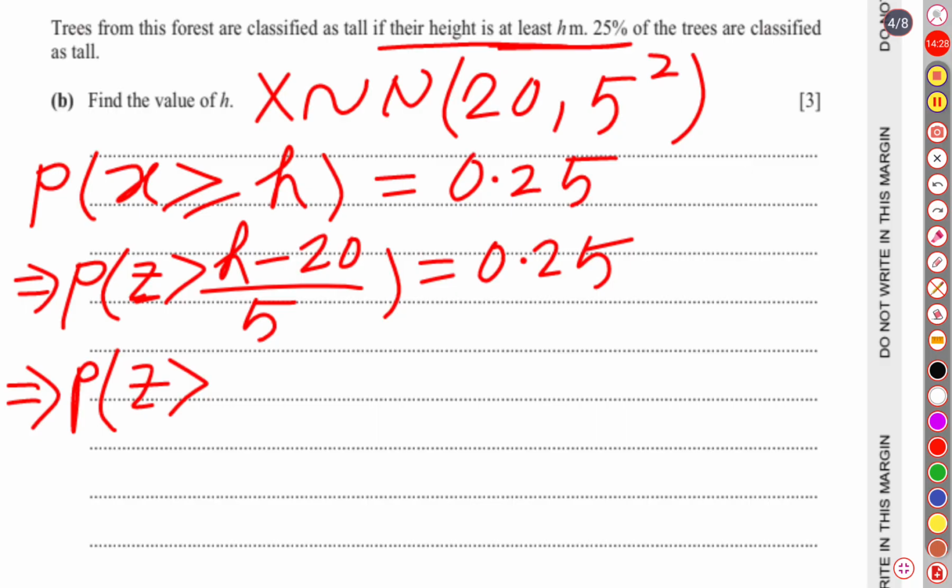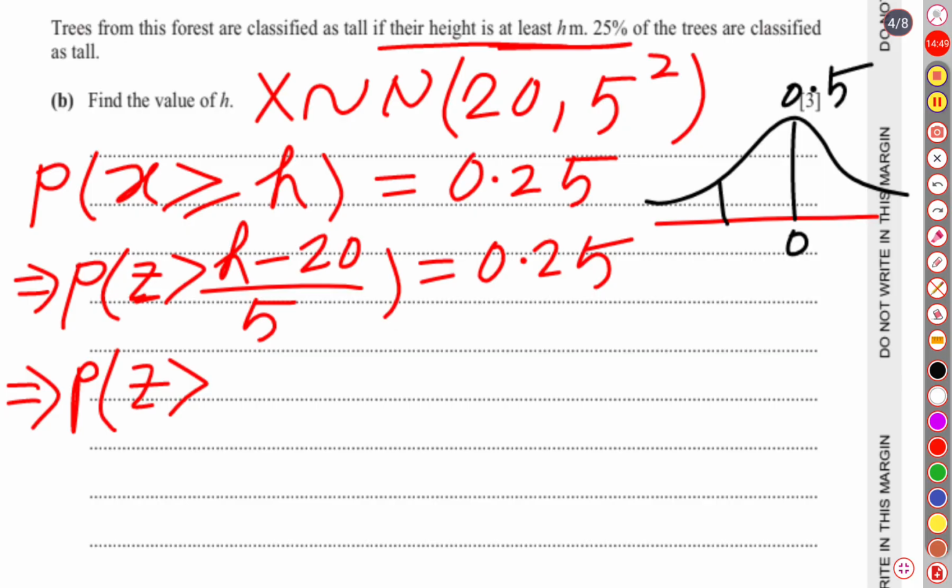0.25. Now look at this. This is our graph. In the normal graph, our probability is 0.25. From the left side, if we start, 0.25 is very meager, because here this is 0.5, half of the whole graph.